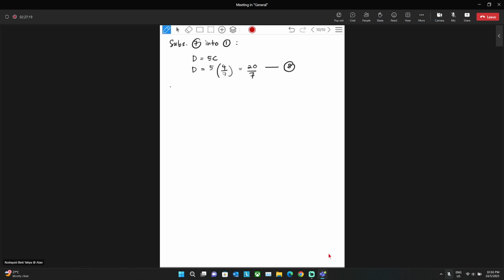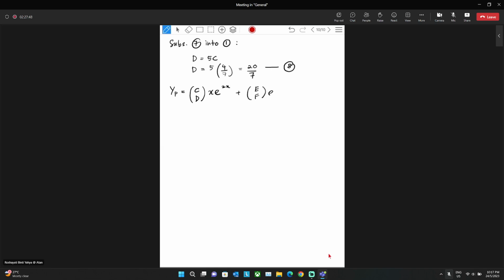So YP here is CD, X exponential to X, plus EF exponential to X. Since we just got the values, C is 4 over 7 and D is 20 over 7.